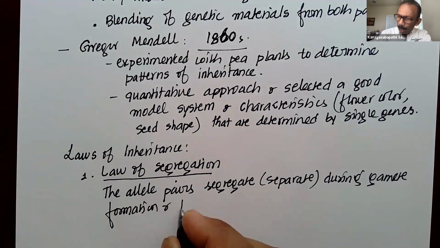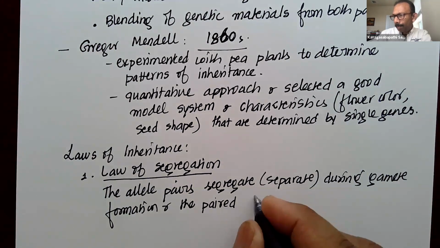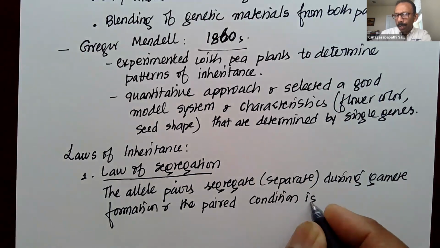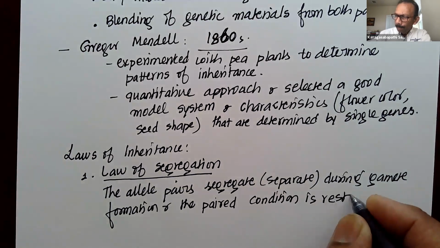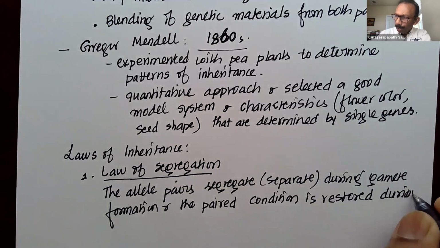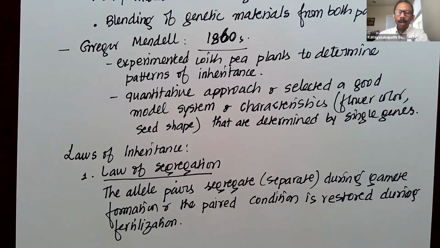And the paired condition is restored during fertilization. So this is exactly what we looked at in meiosis as to how the gametes are formed, and then they fertilize to restore their diploid status.